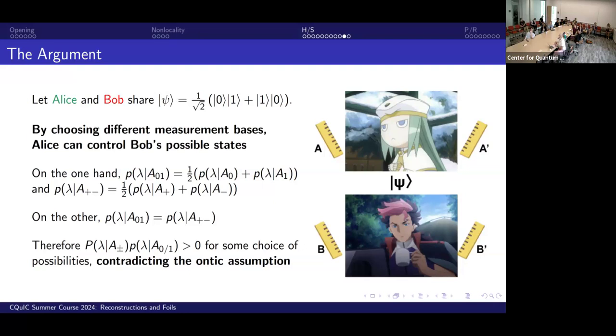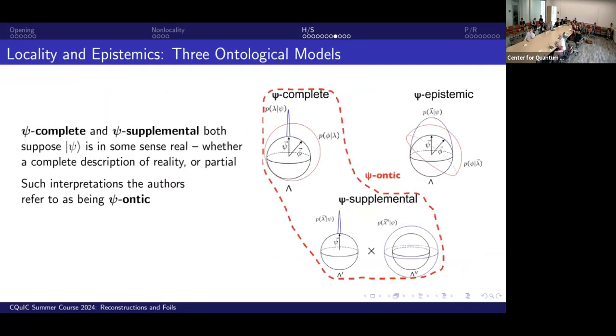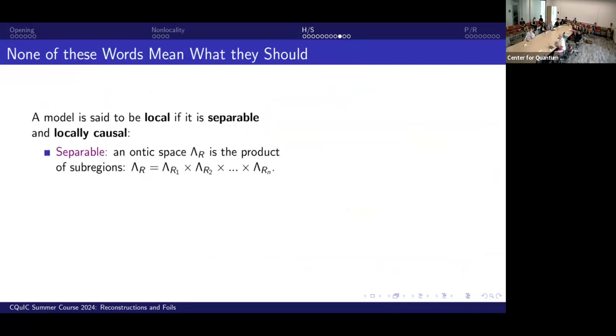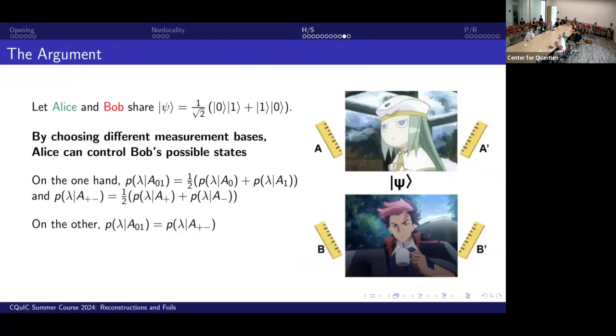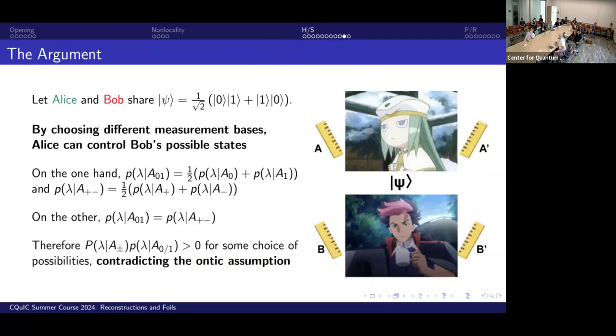This must be non-zero, for at least some choice of plus minus or 0, 1 here. The idea is that this contradicts the assumption that the theory was ontic in the first place, because that was the definition of an ontic theory found here. Again, unfortunately, I have very poor time management, so I cannot go through this.